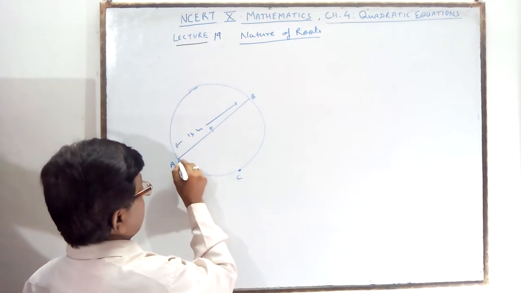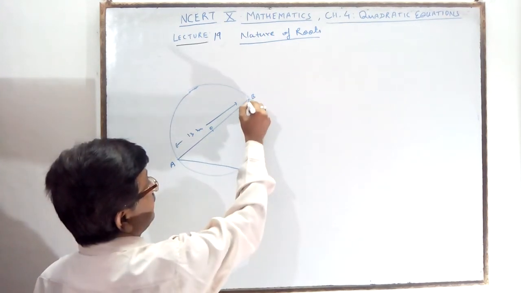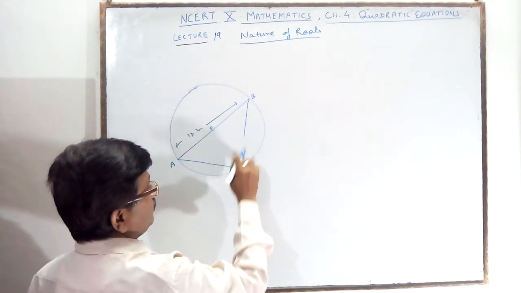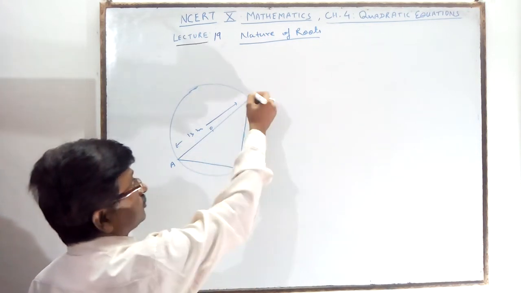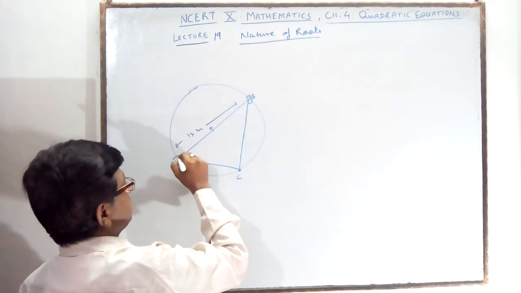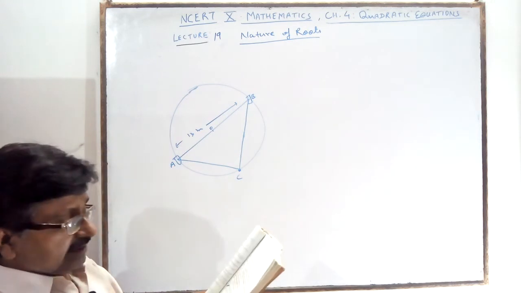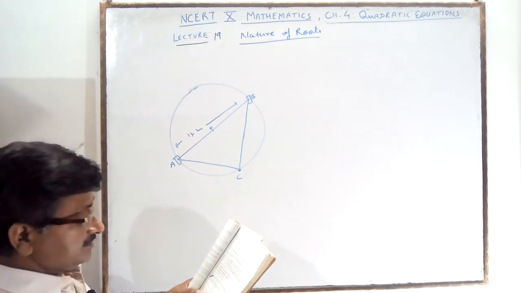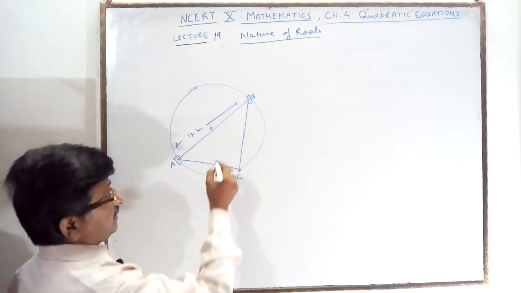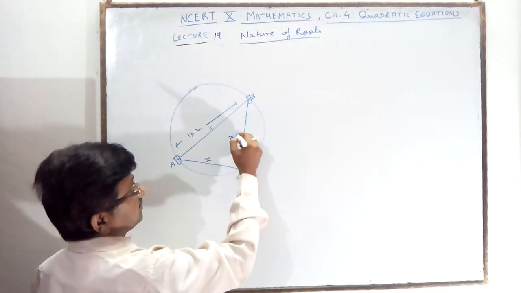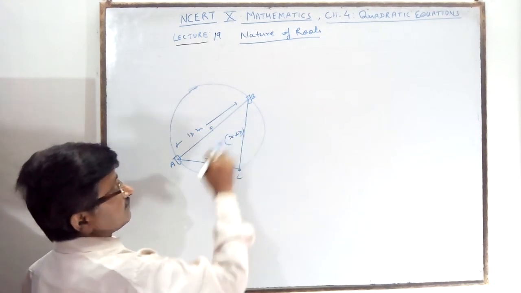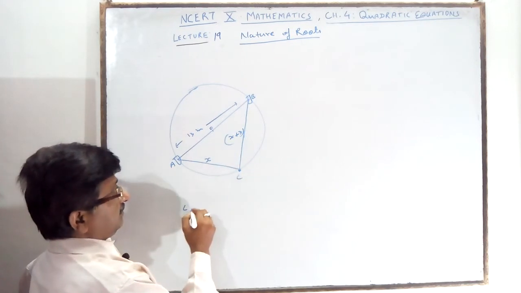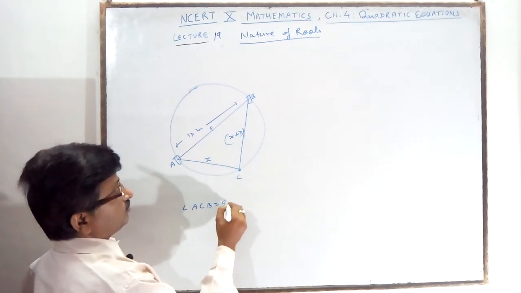Here is one pole fixed, and we need the distance of this pole from both gates. Here is the gate and here is the gate. If one distance is x, then the other will be x plus 7. Angle ACB is equal to 90 degrees.